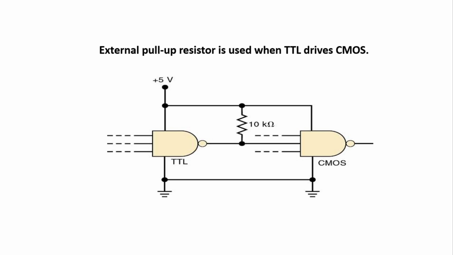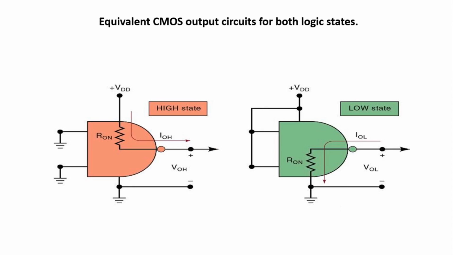When we are going to use TTL and CMOS, the pull-up resistor plays an important role. So here, if you observe, in the first NAND gate there is TTL and in the second NAND gate there is CMOS, and both are interfaced with each other with the same concept as we have seen in IC interfacing. This is the equivalent CMOS output circuit for both logic states, high state and low state.